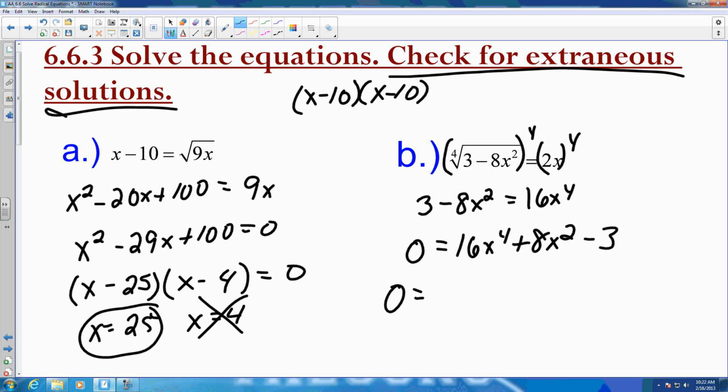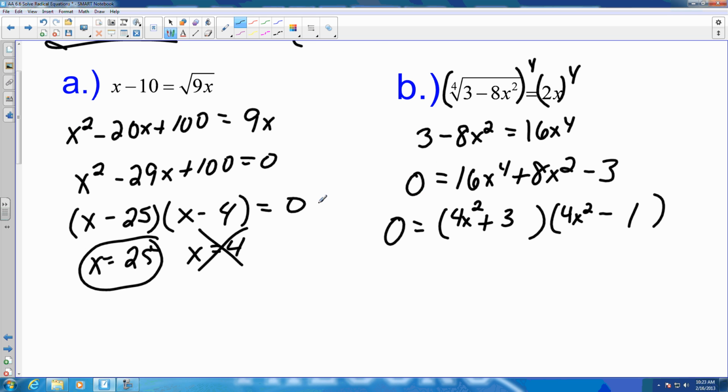Now if I reverse FOIL this, I notice that I could do 4x squared, 4x squared, and I could do a plus 3, and I could go minus 3. If I use the zero product property on 4x squared plus 3, now imagine that I go 4x squared plus 3 equaling 0.